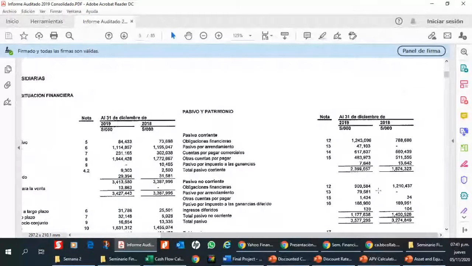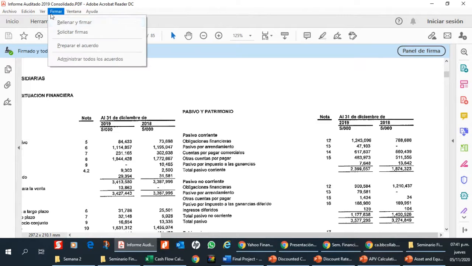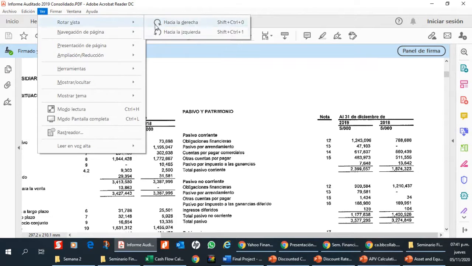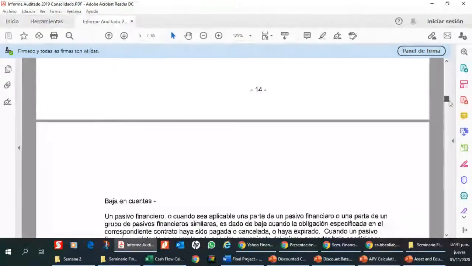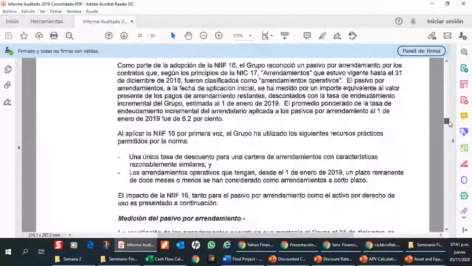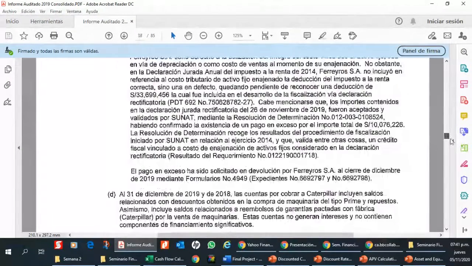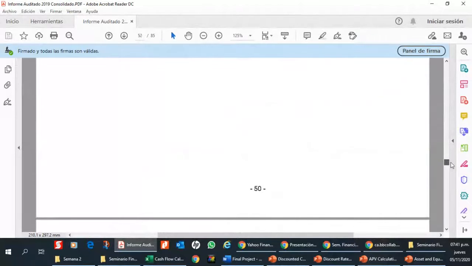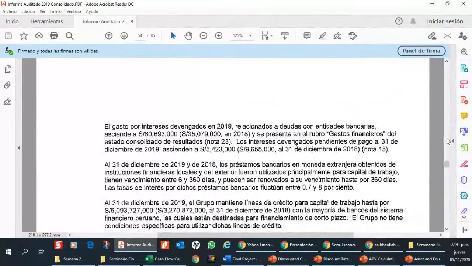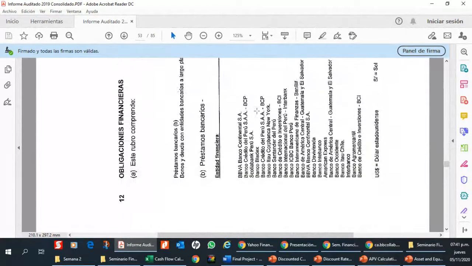You have the short-term portion and the long-term portion of those financial obligations. Everything is in notes 12 and 13. I wanted to draw your attention to those notes because you are going to be able to get a sense of what is normally charged to this company by your debt holders.